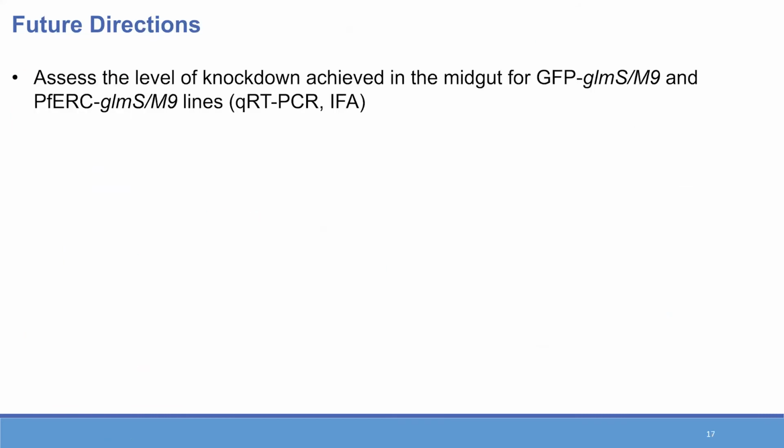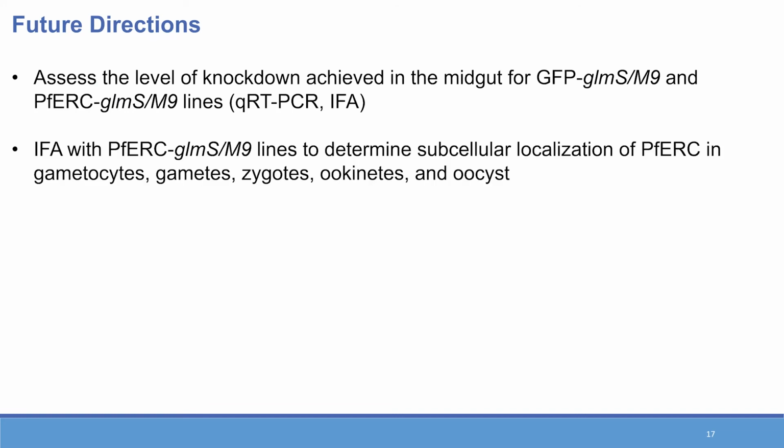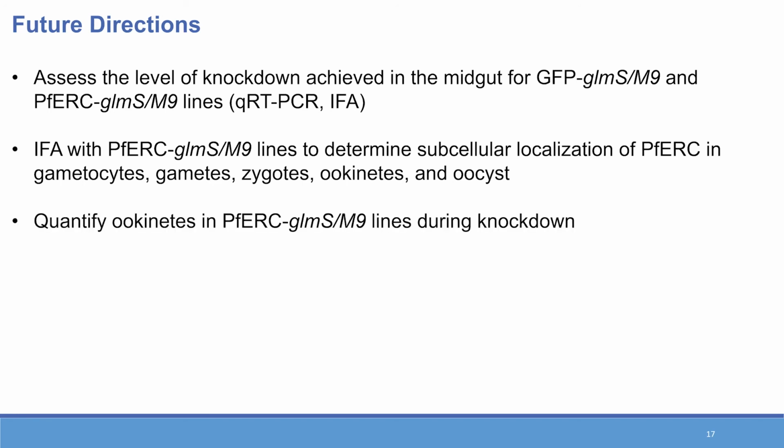As you can imagine, we have many future directions and ongoing experiments. The main thing is assessing the level of knockdown that we achieve in the midgut for both the GFP GLMS M9 lines as well as the ERK GLMS M9 lines. I'm working on a series of experiments looking at subcellular localization of ERK throughout all of these different developmental stages of Plasmodium falciparum.